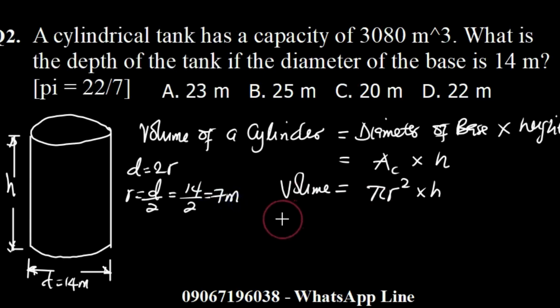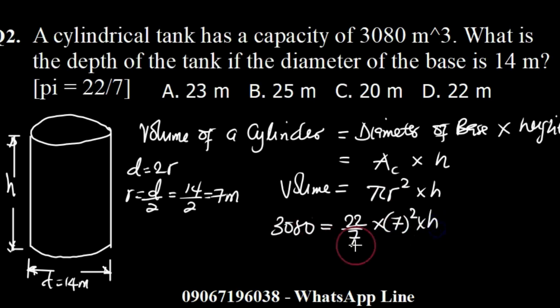Alright. So the volume already is given to us, 3080 is equal to pi, which is given as 22 over 7, times 7 square, times height. If we do that, this is going to give us 3080 times 7, multiplied by this, is going to give us 22 times 49, which is 7 square, times the height.